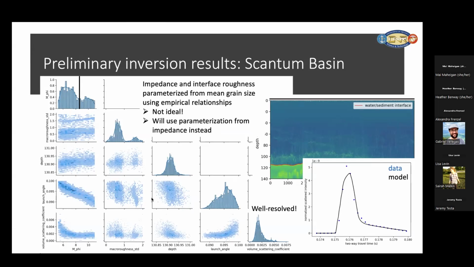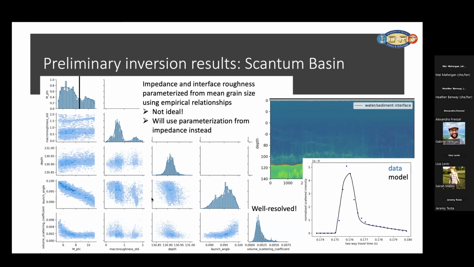But the idea here is that all of these are the inferred parameters. So this down here is the volume scattering coefficient. That's really well resolved. It's a value that's dead in line with literature values.